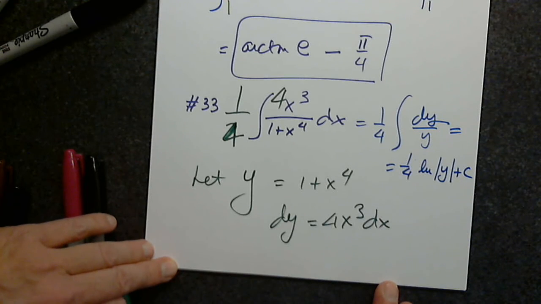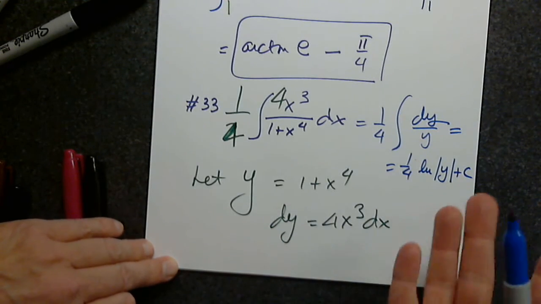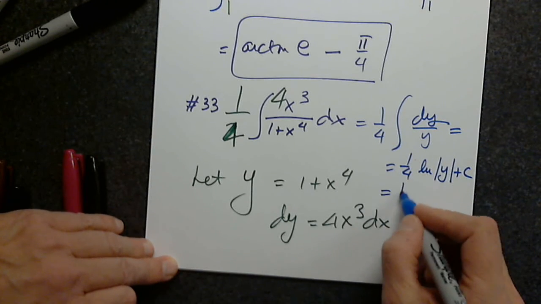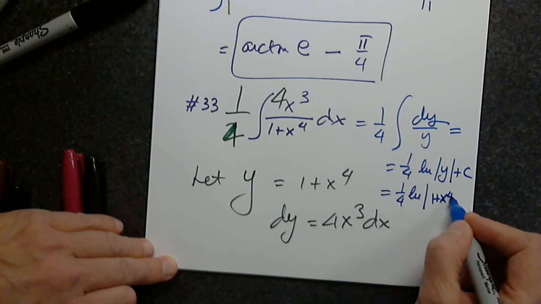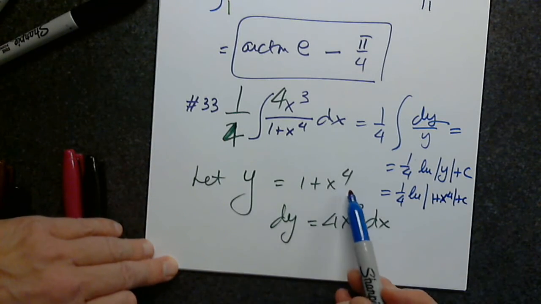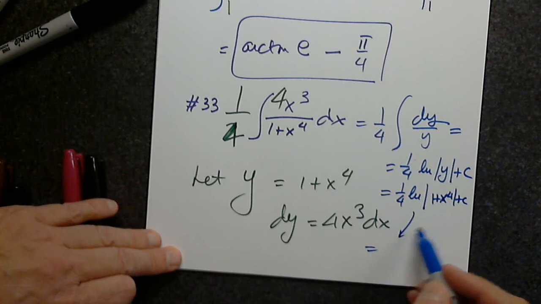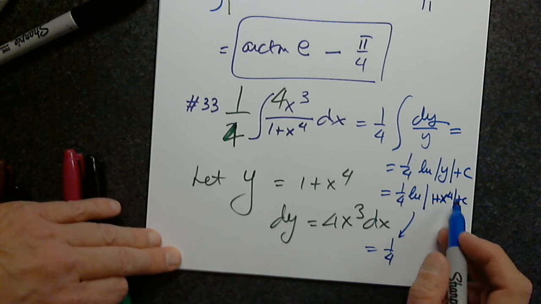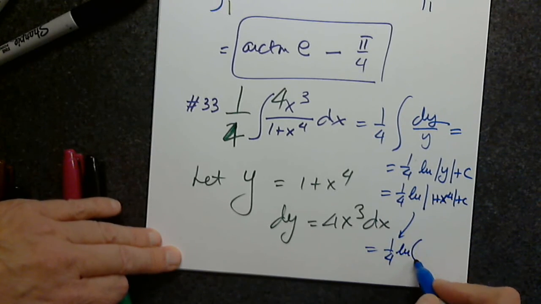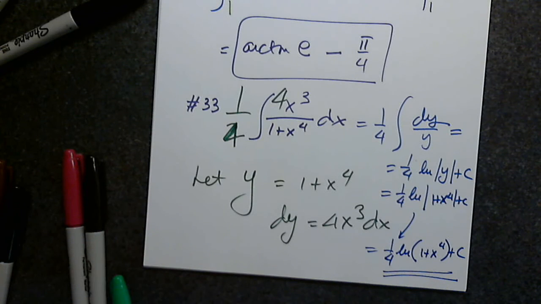I have to get a family of functions, the most general antiderivative. I have no choice now. I have to go back and replace y. So this is 1/4 natural log of the absolute value of 1 plus x to the fourth plus c. But 1 plus x to the fourth will always be a positive number. I can, at this point, drop the absolute value, only because 1 plus x to the fourth is always positive. Otherwise, I could not have dropped the absolute value.